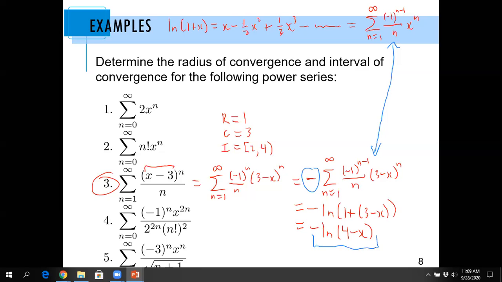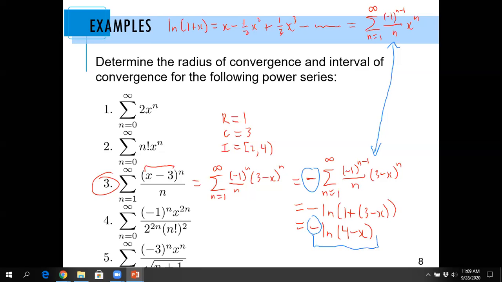In particular, we can see that we're going to get a formula for the alternating harmonic series based on that. Remember I told you that the alternating harmonic series adds up to the logarithm of 2? So look, if you plug in x equal to 2, look what happens. Remember there's a minus sign sitting right here. If you plug in x equal to 2, you can cancel the minus signs.